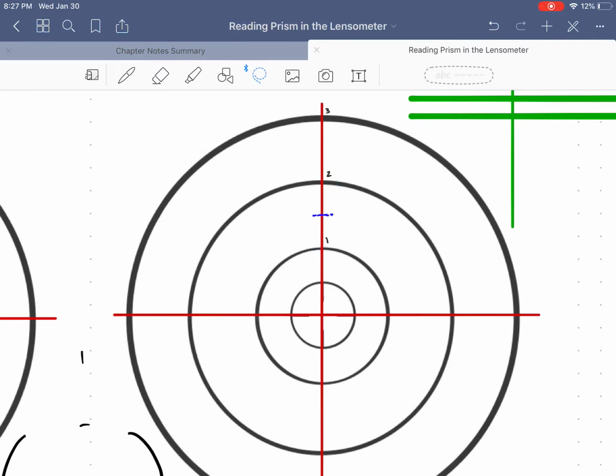So halfway between that point, we have 1.5 diopters of prism. And you can see we moved straight up on the horizontal, straight up on this line here. So we went 1/2 of a diopter up.